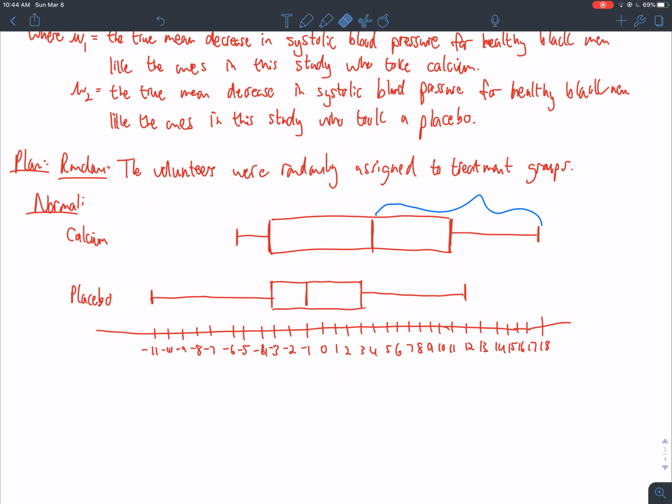So, depending on how worried you are, you can write a statement about proceeding with caution or something.